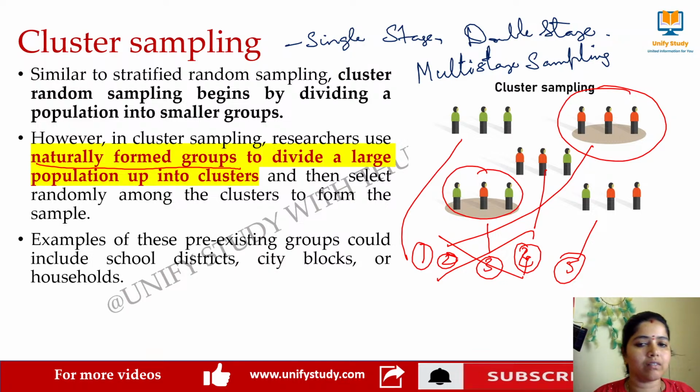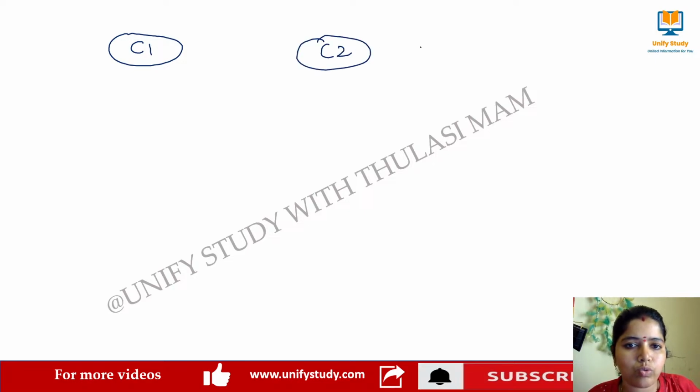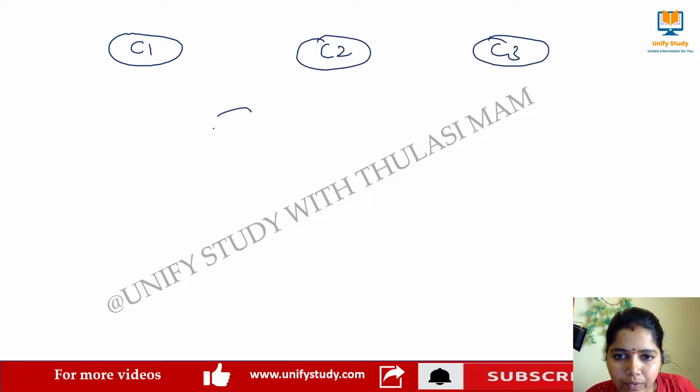When I take cluster sampling, cluster means what? I have cluster 1, cluster 2, cluster 3, cluster 4, cluster 5, cluster 6, cluster 7. I will take a few clusters as the representation. That will be the first stage of clustering. I will draw and show you. See, I have cluster 1, cluster 2, cluster 3, cluster 4 and cluster 5.